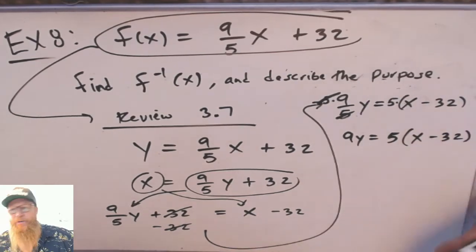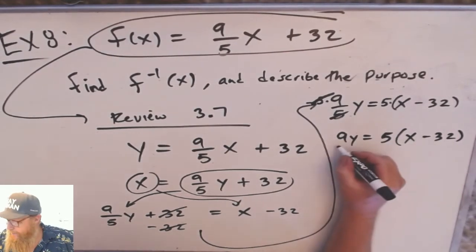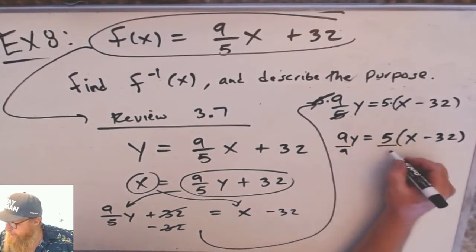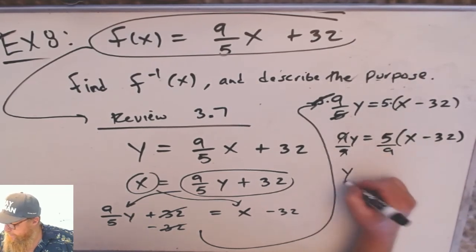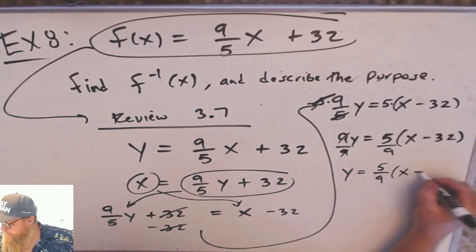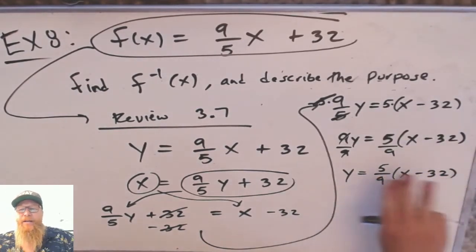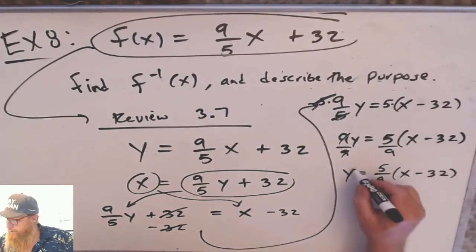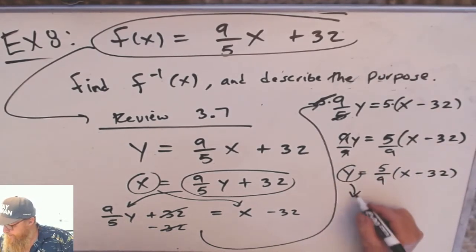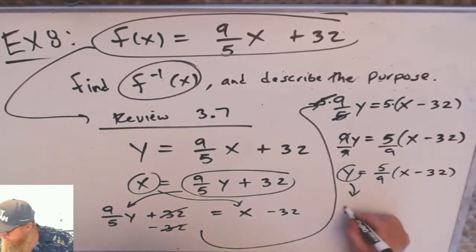I'm not going to distribute quite yet. Maybe I'll distribute later. And then I'm going to divide both sides by 9. This is one of the cases where we typically do not distribute unless you really want to. And then we get rid of the y and we call this f inverse of x.